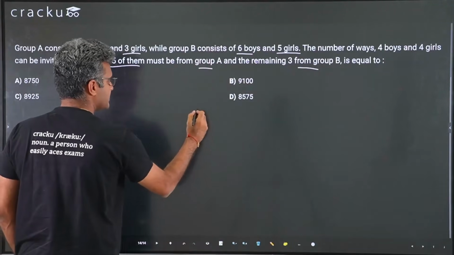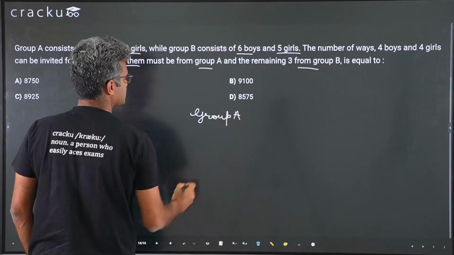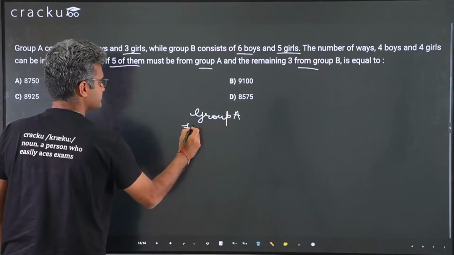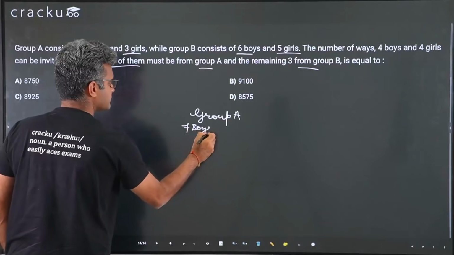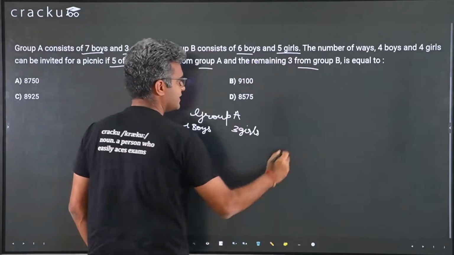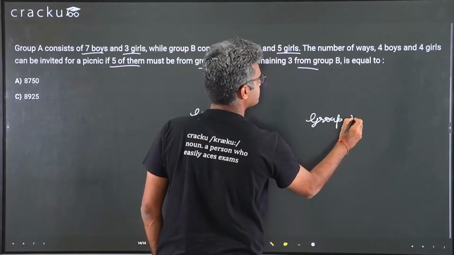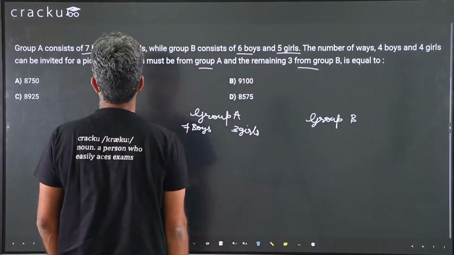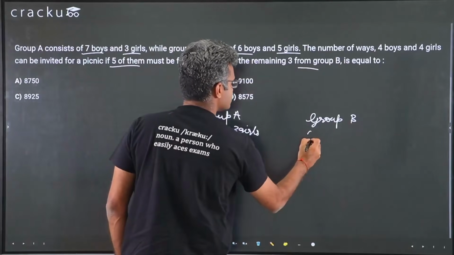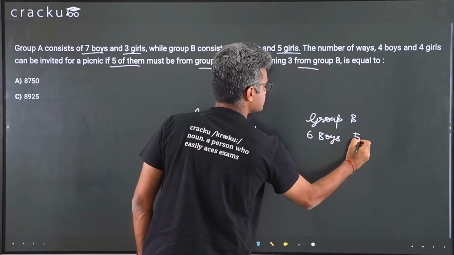So we have group A. This has 7 boys and 3 girls. And we have group B. This has 6 boys and 5 girls.